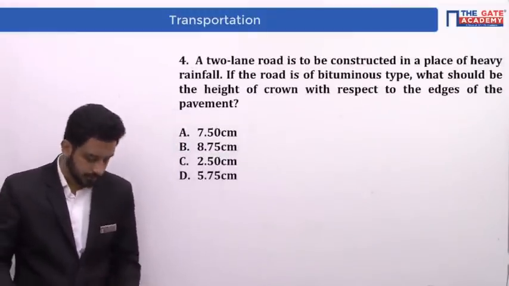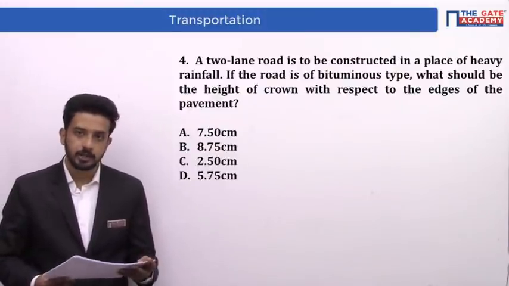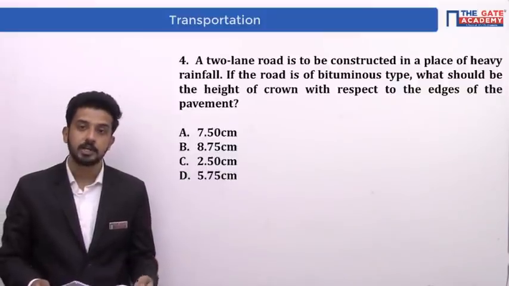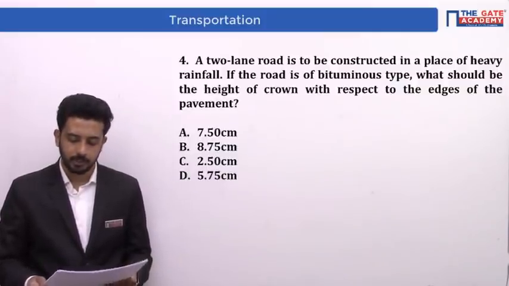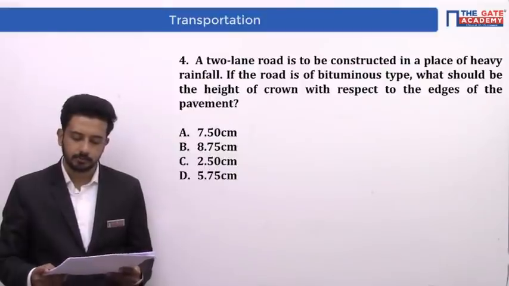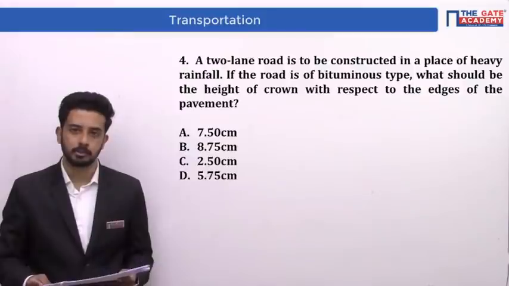So let's read the question. A two-lane road is to be constructed in a place of heavy rainfall. Okay. If the road is of bituminous type, what should be the height of crown with respect to the edges of the pavement?